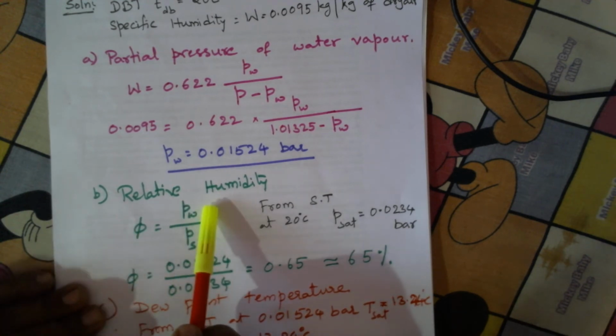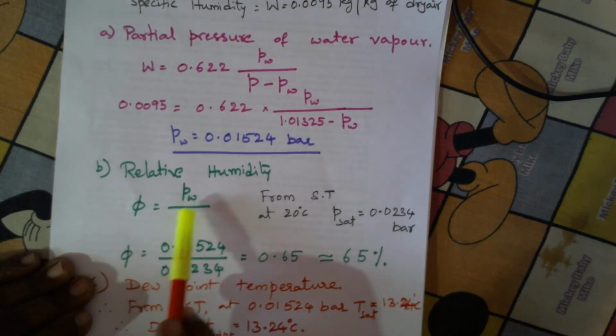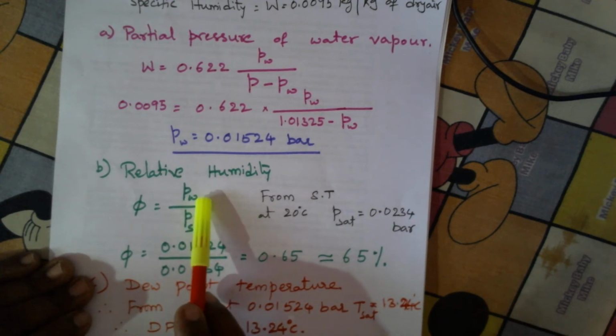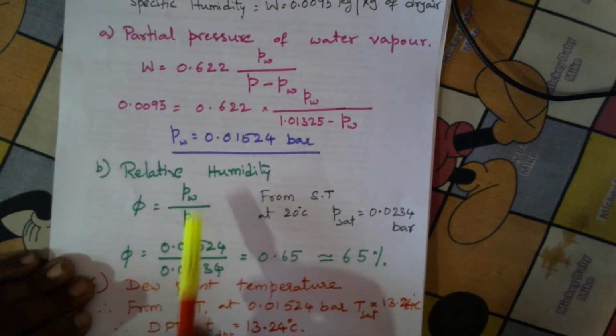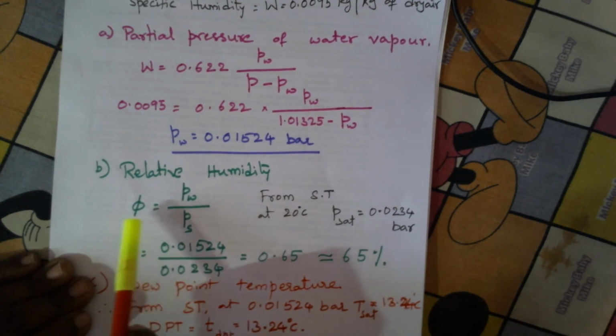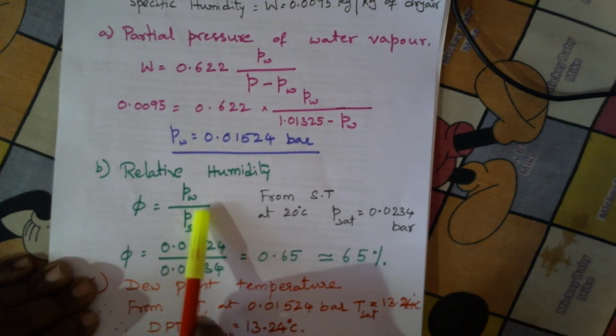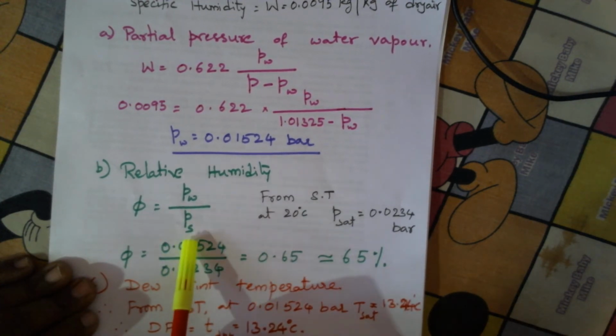Second one, relative humidity. It is given by Pw by Ps. Pw is the partial pressure of water vapor, divided by Ps, the saturation pressure of the water vapor. How do we get this saturation pressure? It is the saturation pressure corresponding to dry bulb temperature.